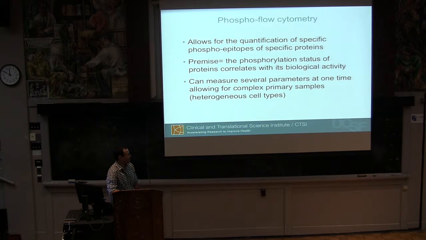The premise, of course, is that the different phosphorylation status of these proteins could directly correspond to biological activity, which we know for beta-catenin at least is true, with the hypophosphorylated one being considered the active form versus the hyperphosphorylated.